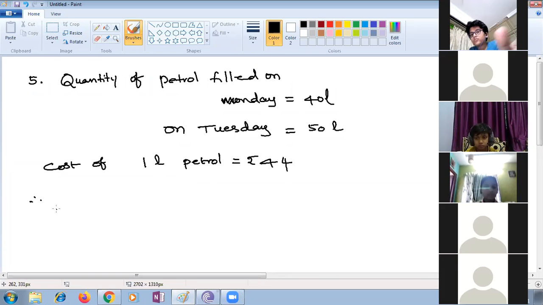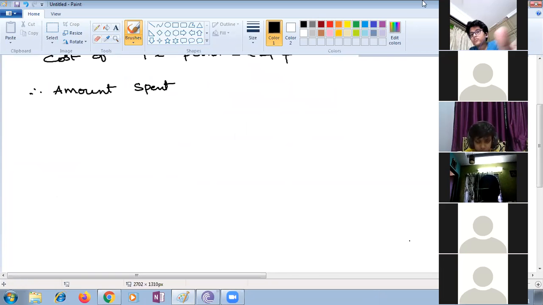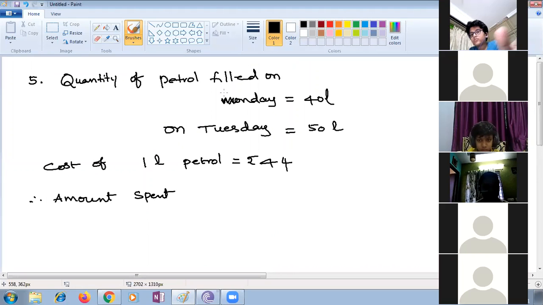Rupees 44. Therefore, amount spent on petrol for both the days. Very simple question, children. Amount spent on petrol for both the days.